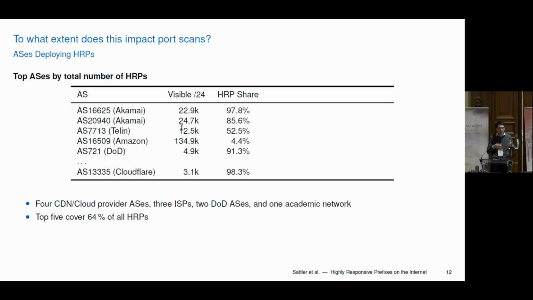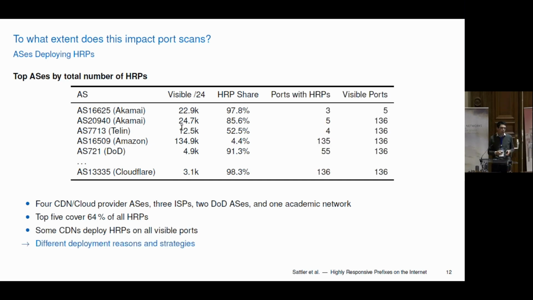This basically tells you, in the top 10, we have 4 CDNs and cloud providers, 3 ISPs, and 1 academic network. But we wanted to understand where they deploy this. So we looked at the number of ports where we see at least 1 responsive address and where we also see highly responsive prefixes. And we see there are different deployments.